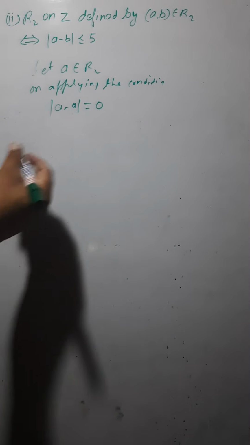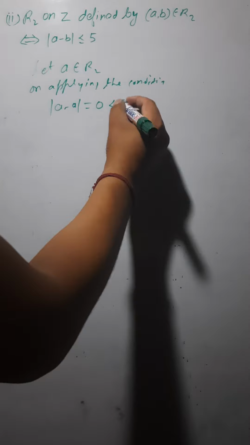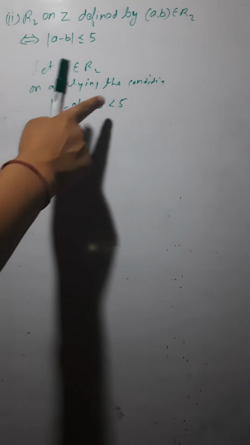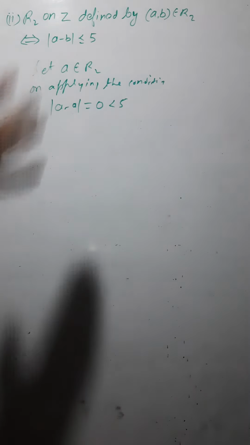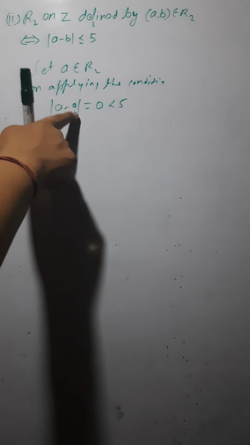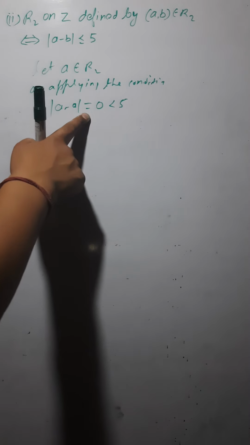A minus A is 0, which is less than 5. Equal to 5 would also work.